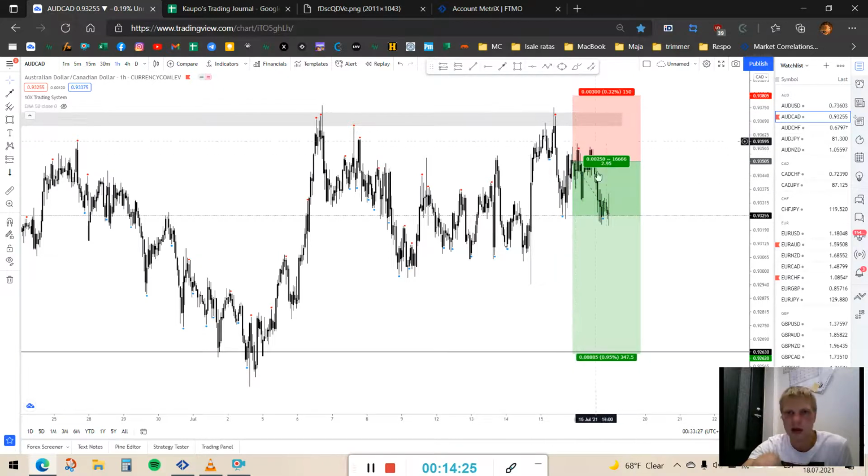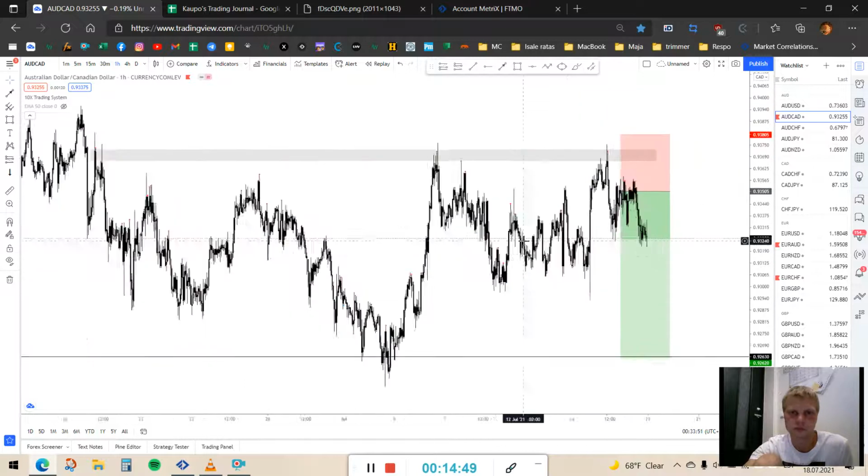I've seen price moving like this: I get a signal, it moves down, then it moves up, almost snatching my stop loss, and then moves straight down. So that's why I entered, because it's really close to the zone I would have entered anyway.